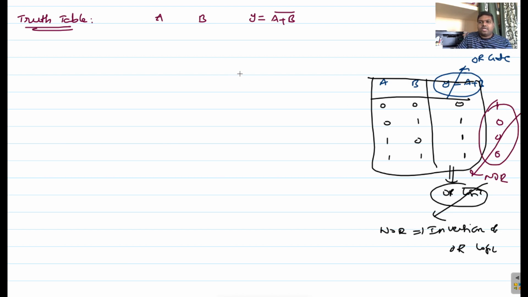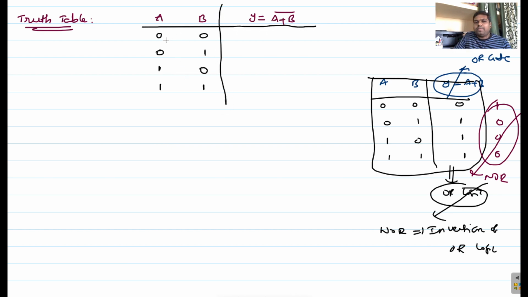Now we check how it works. So 0 0, 0 1, 1 0, 1 1. Now, A plus B means what? 0 plus 0 gives 0 here, right? So the inversion of this sum, that means the inversion of this 0, gives 1 here, right?